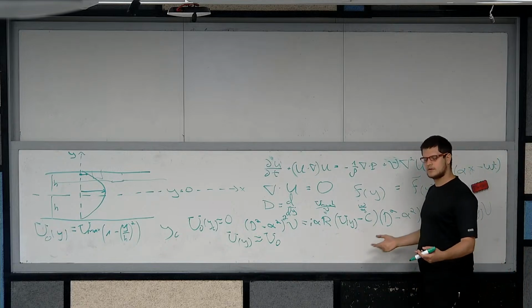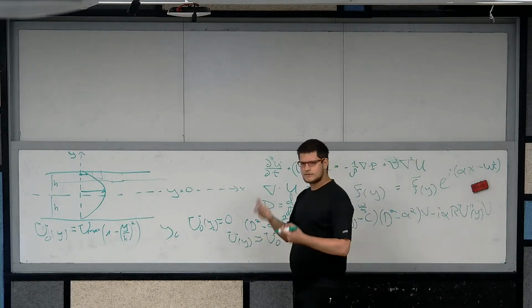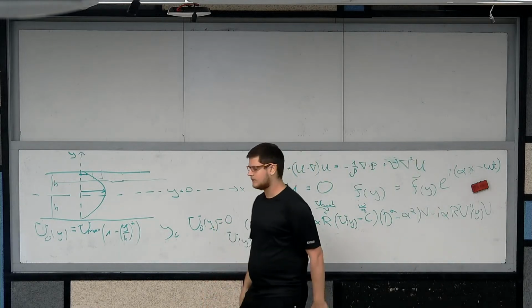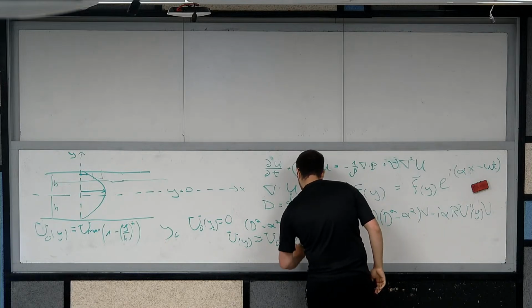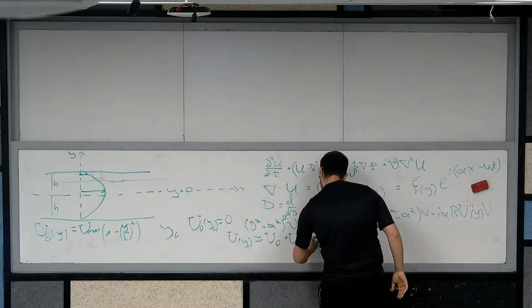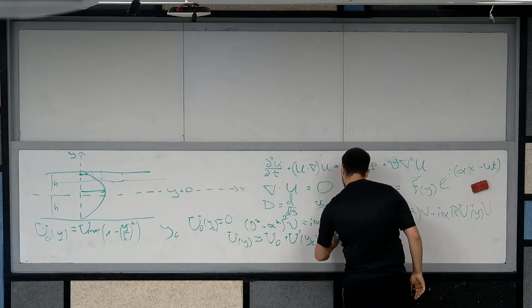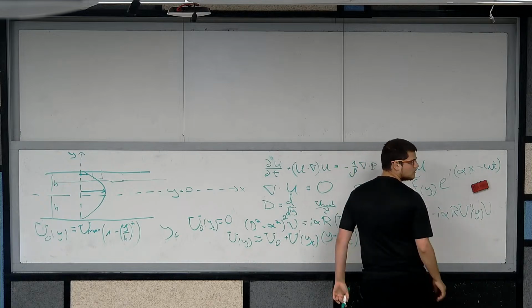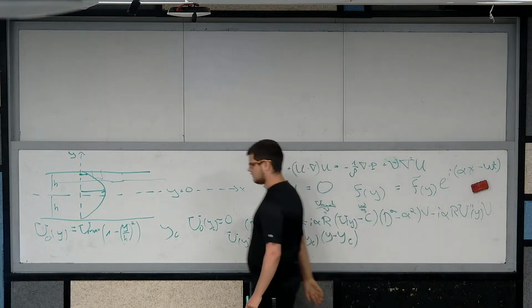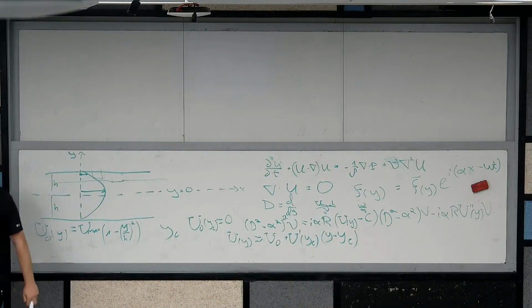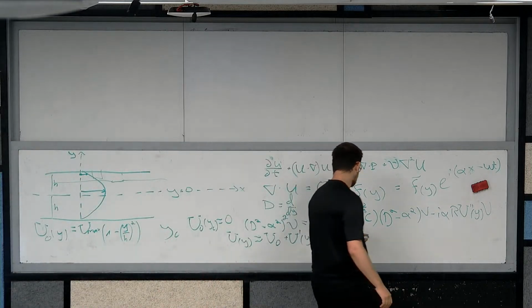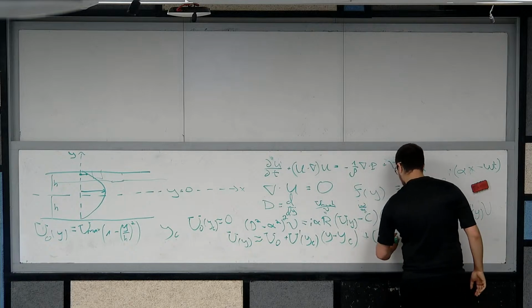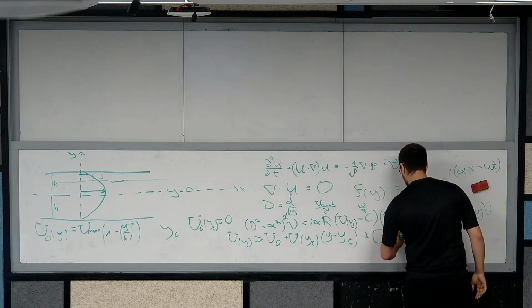Why I'm doing that I will not explain, but there is physics behind it, so agree with me. And we add the first order perturbation, y minus yc. I'll agree with that. We are fine, a little bit. Okay, I'm fine. And the other stuff I just throw away because it's plus O of 1 over h squared.